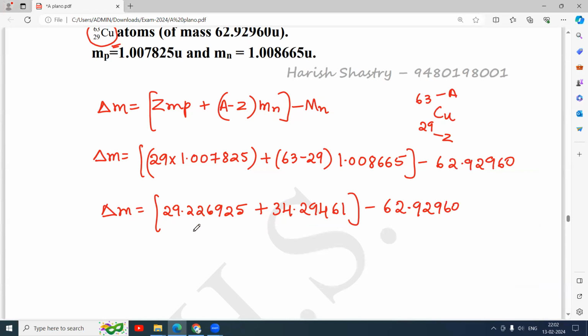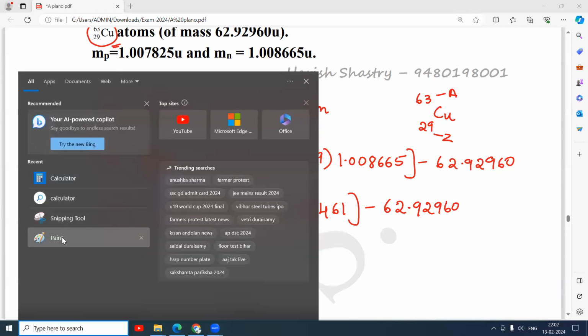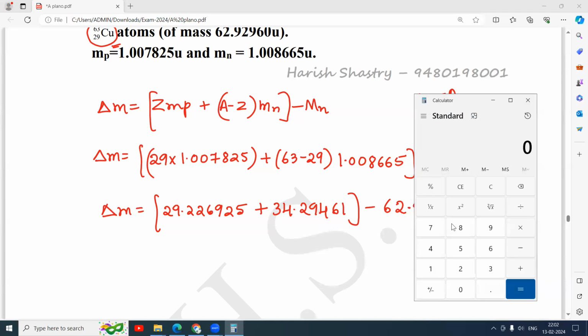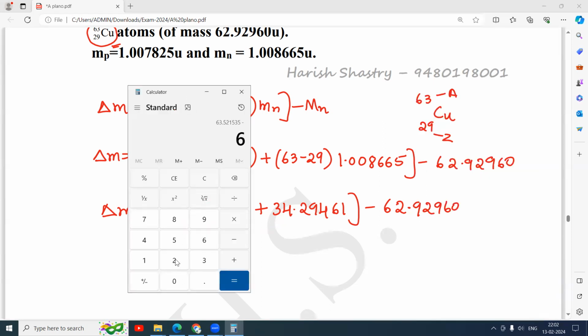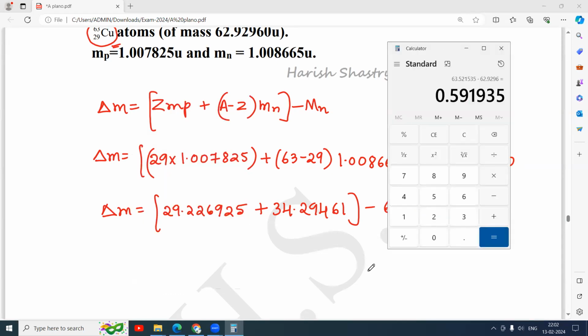No, this is wrong. We'll calculate it again. 29.226925 plus 34.29461 minus 62.92960 comes to 0.591935.